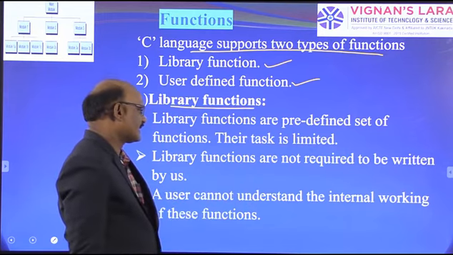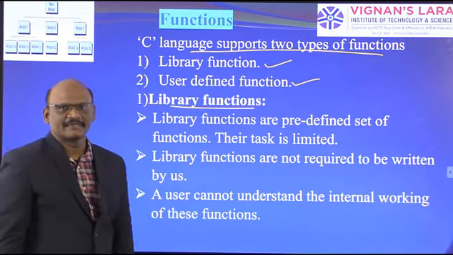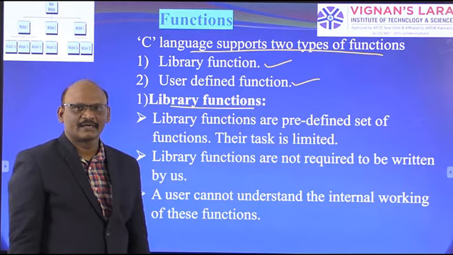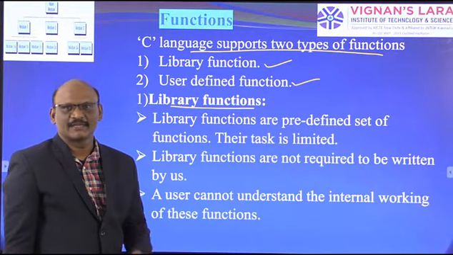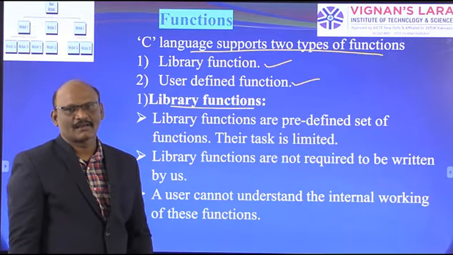A user cannot understand the internal working of these functions. There is a difference between a library book and a notebook. In the library we have textbooks. We can just use the library books. We are not editing those books. They are already written.